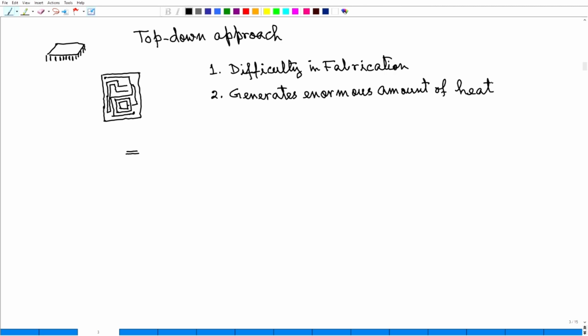Generates enormous amount of heat. Third point is, as we go to smaller and smaller, from the classical domain we go to the quantum domain.